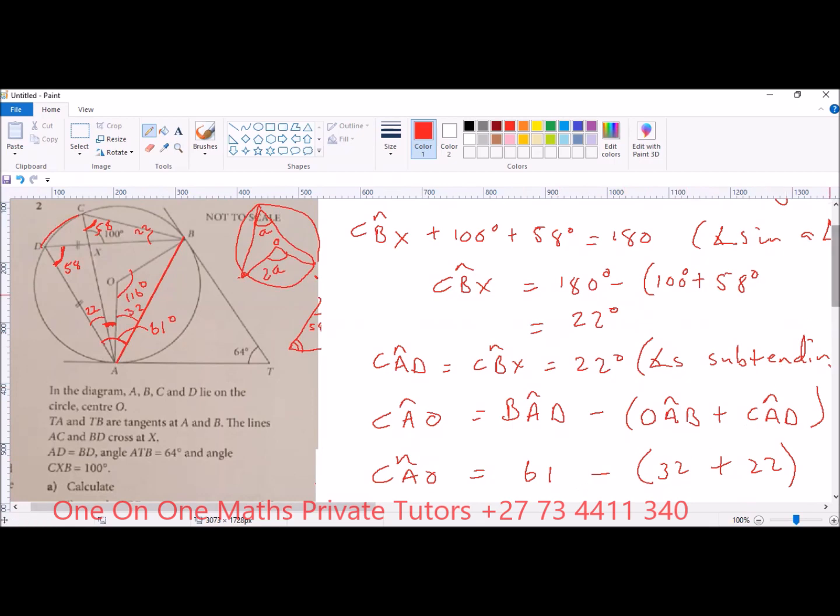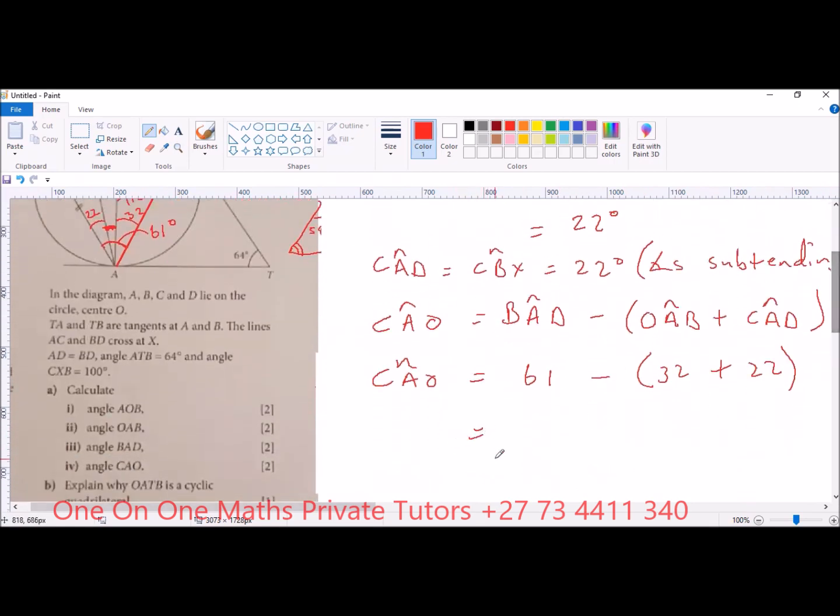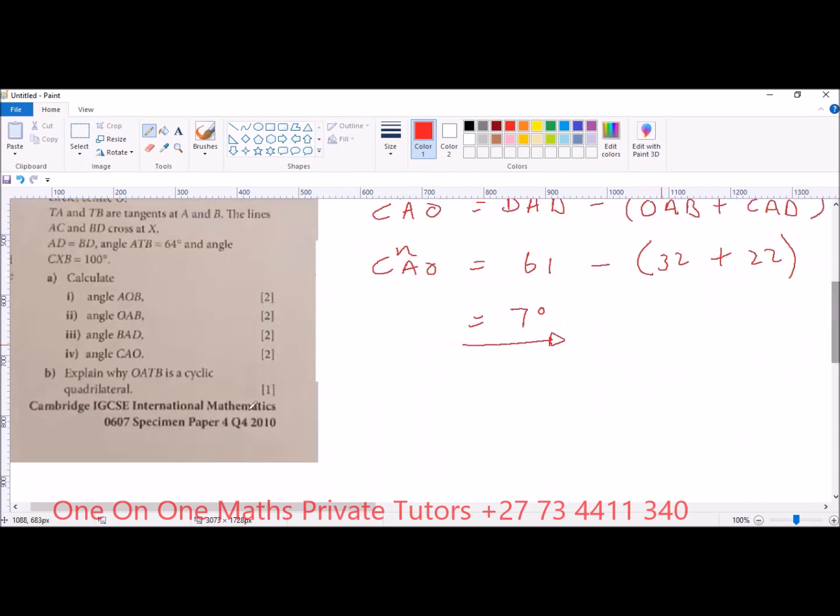Let's go to the calculator: 61 minus bracket of 32 plus 22 gives 7 degrees. Very small angle. So that's what we have, 7 degrees. Let's see how many marks: 2 marks.